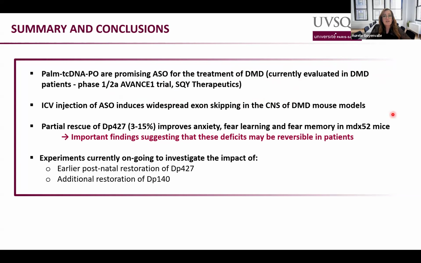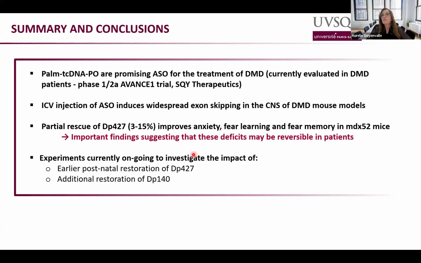Regarding the CNS parts, we've shown that the direct intracerebroventricular injection of antisense oligonucleotides allows a widespread exon skipping in the CNS of dystrophic mice, and that even a partial rescue of the full-length dystrophin can improve anxiety, fear learning, and fear memory in the MDX52 mice, which is important to suggest that these deficits may be reversible in patients.